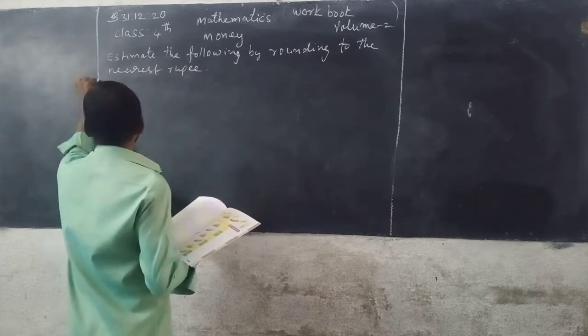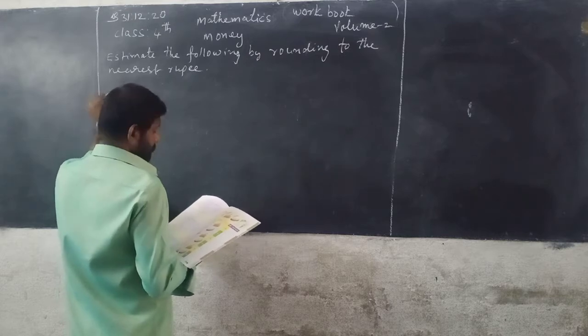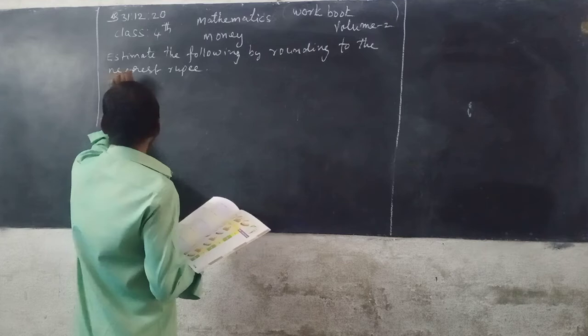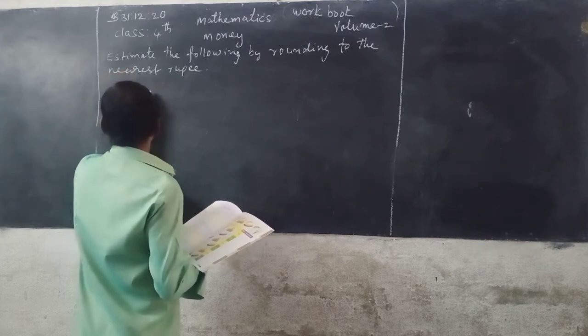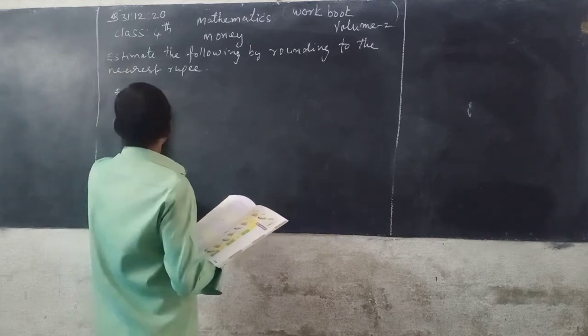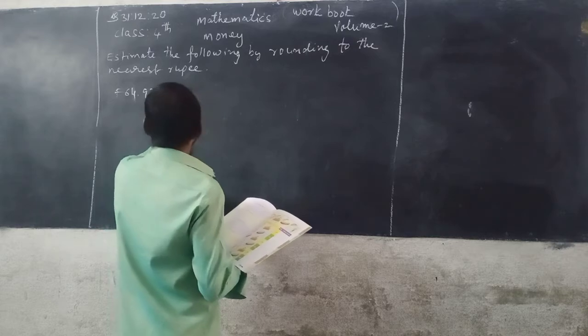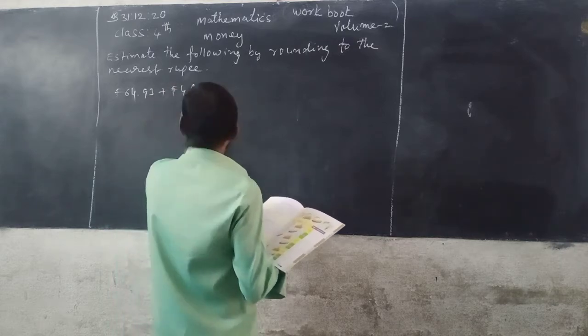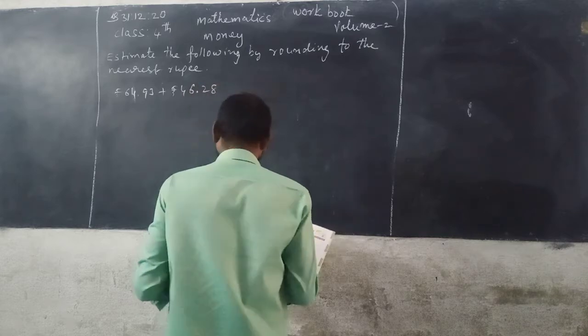See here, 64 rupees 93 paise plus 46 rupees 28 paise, beta.